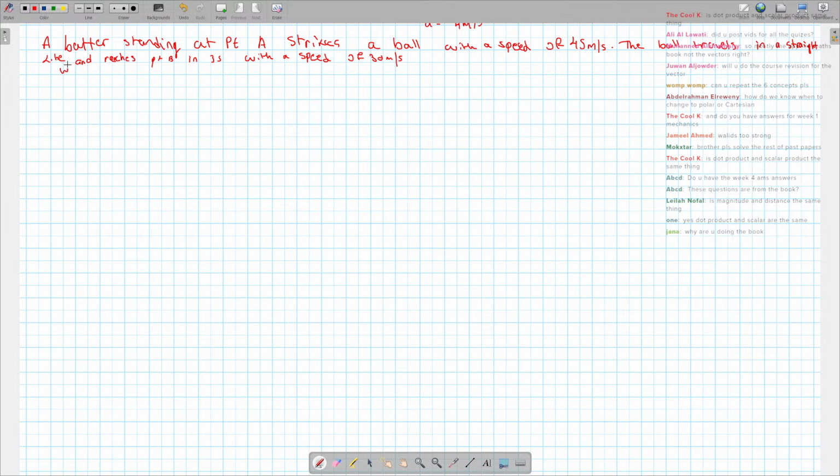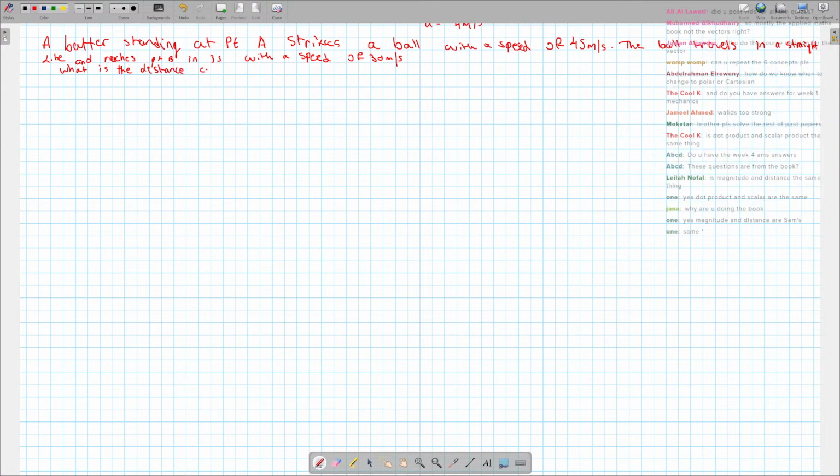What is the distance covered by the ball? A, 25 meter. B, 42 meter. C, 114 meter. D, 177 meter. E, 228 meter.